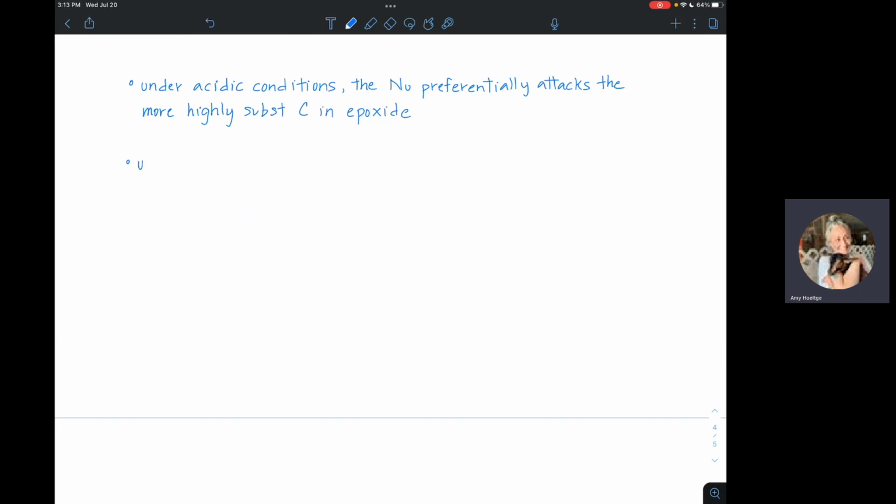So under neutral conditions or basic conditions, the nucleophile preferentially attacks the less substituted or the less sterically hindered carbon in the epoxide.